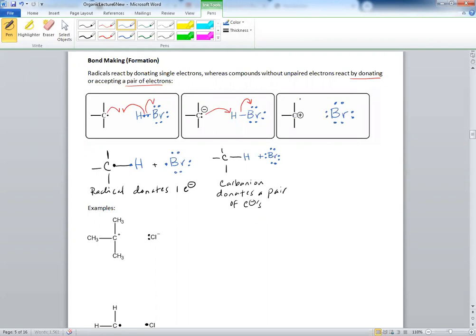This is electron deficient. This is electron rich. Electron poor, electron rich: nucleophile for the bromine, electrophile for the carbocation. So what would happen is one of those pairs would move and form a bond between carbon and the bromine. So you would get a product like this.